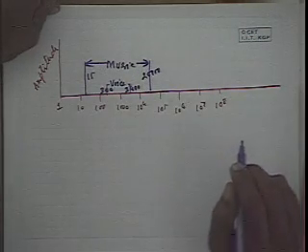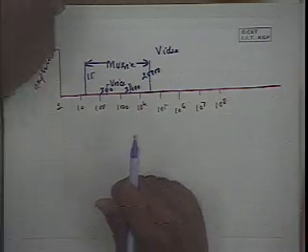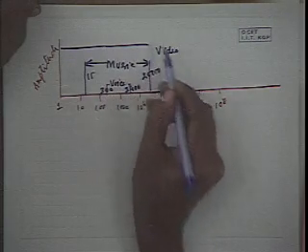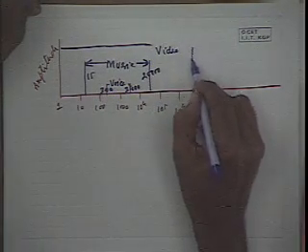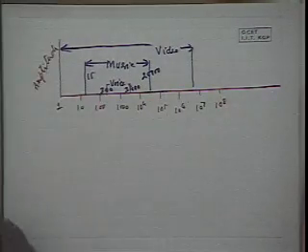On the other hand, if we are interested in video signal, what is the effective bandwidth? It is about 4 megahertz, 10 to the power 6, so it is up to this 4. So this gives you some idea about the effective bandwidth of different types of signals: voice, music, and video.